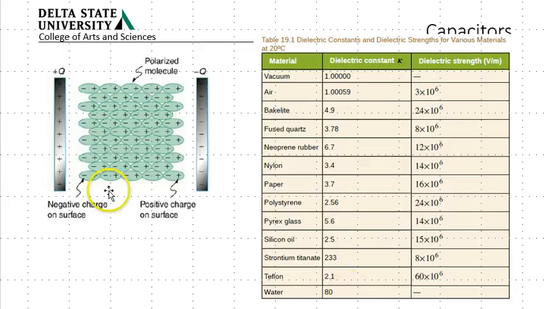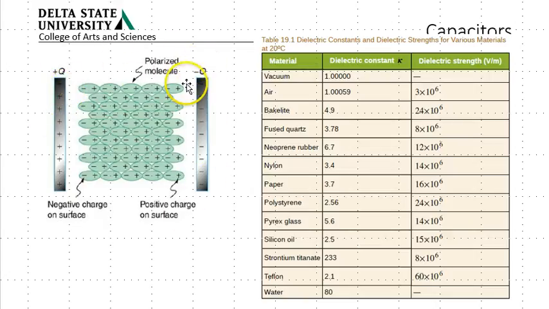So what makes a dielectric different from other materials, or from conductors? That's a big one. A dielectric differs from a conductor in one major way: the electrons in a dielectric are not free to roam. So when you put it between the charged plates, you end up with an excess negative charge on the surface next to the plus charge, and an excess positive charge on the surface next to the minus charge.